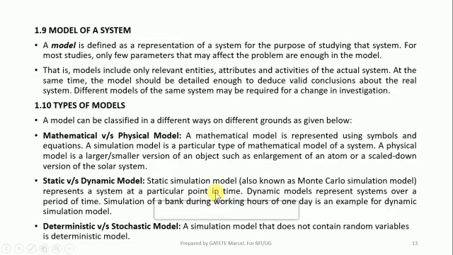So at that time, the static model represents variables which do not change, which are static. While a dynamic model presents a system over a period of time. It means that it presents a system which will change over time.